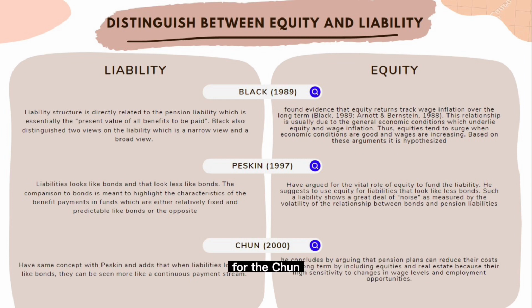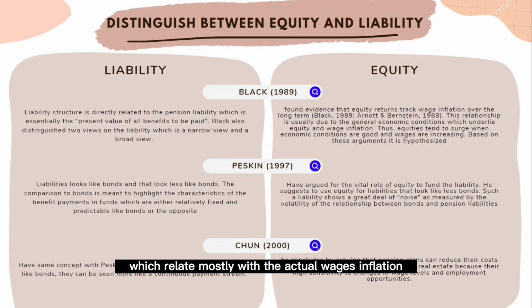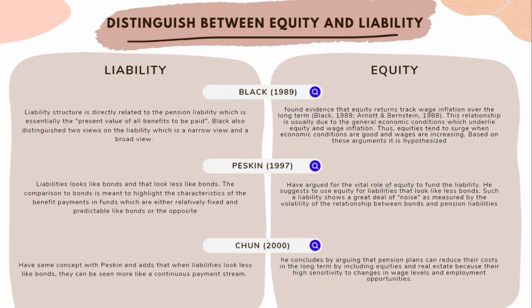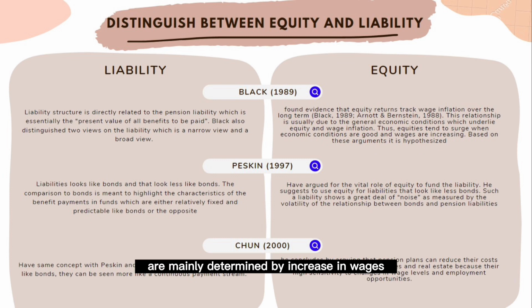For Chan 2000, he also acknowledged that when liabilities are taken to be an ongoing payment stream, a bond portfolio can contain a great deal of risk. In such a situation, he suggests that the lowest risk portfolio, as measured by the lowest future contribution cost, is constructed mainly by assets which correlate mostly with actual wage inflation and not necessarily real inflation, because pension liabilities are mainly determined by increases in wages and not the price of goods and services.